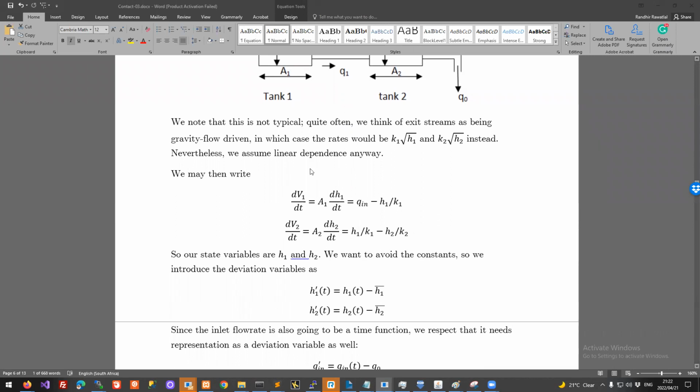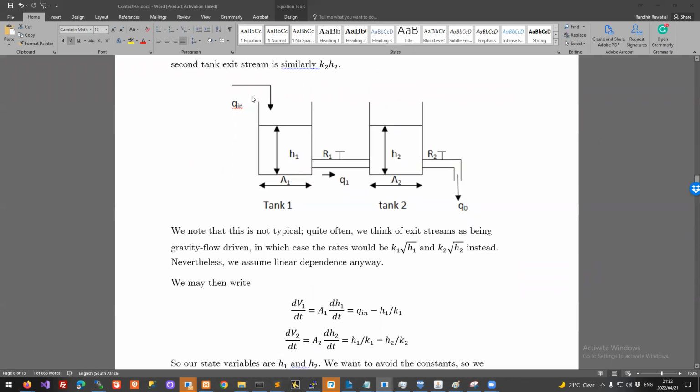And if you think about this, we can see that the control action, or the manipulated variable action, is here in the first tank. And the response in the second tank is through this intermediary of this stream here. So this stream does have a first order response with respect to this stream.